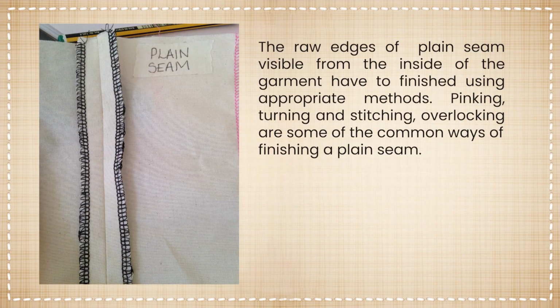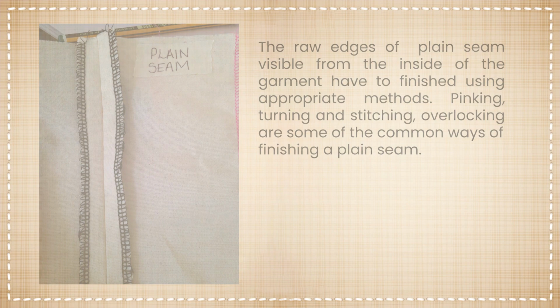The raw edges of plain seam visible from the inside of the garment have to be finished using appropriate finishing methods. Pinking, turning and stitching, overlocking are some of the common ways of finishing a plain seam.